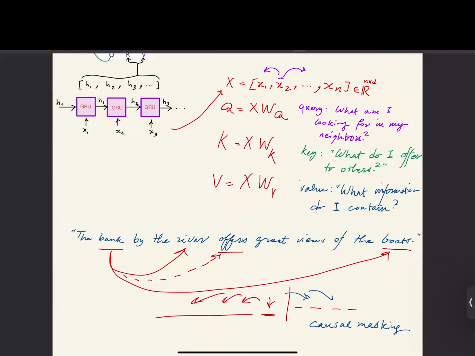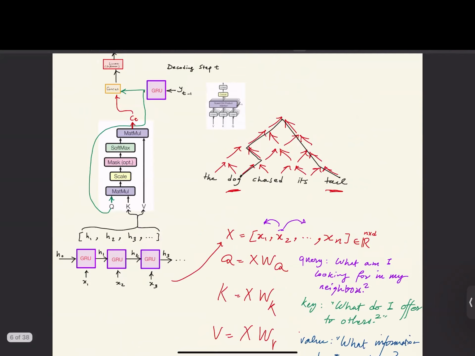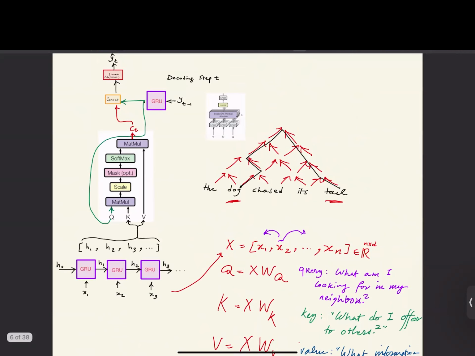Okay, so with that, let's go back to this scaled dot-product attention and just review that one more time. And then using that, we can redesign this encoder-decoder architecture with self-attention and cross-attention fully.